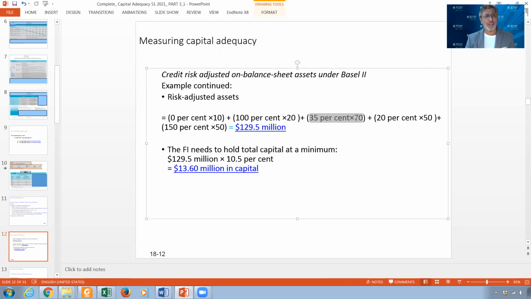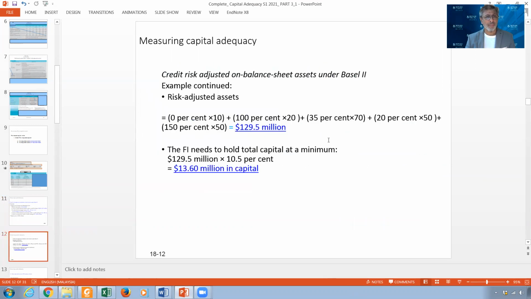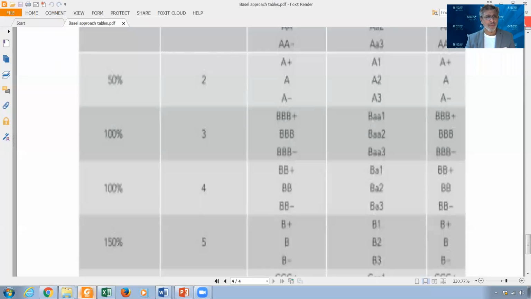And this is the housing, 35% times 70. And this is the loan, which is the international, 50 million. This is 20% from table 5. This is triple A. As you can see, triple A is 50%.